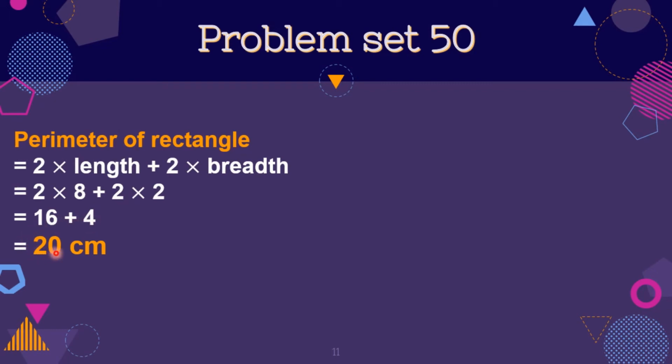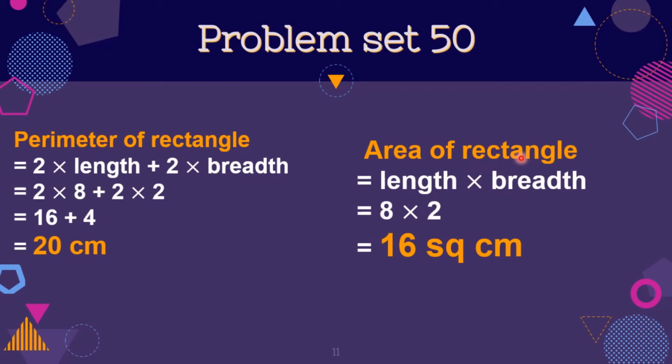Now let us find out the area of same rectangle. We have area of rectangle is equal to length into breadth. The length is 8 and breadth is 2 centimeter. So we write 8 into 2, which is equal to 16 square centimeter.